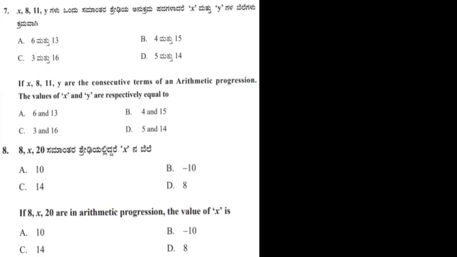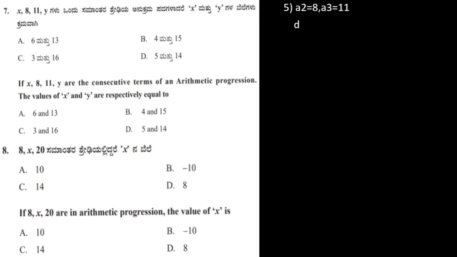Seventh one, if x, 8, 11, y are consecutive terms of an arithmetic progression, the values of x and y are respectively equal to? This is also a repeated question from my videos, so you can go through that. Here they gave A1 is x, A2 is 8, A3 is 11, and A4 is y. First we need to find the difference, because we have A2 and A3, so I directly substitute and get the difference. A2 is 8 and A3 is 11.